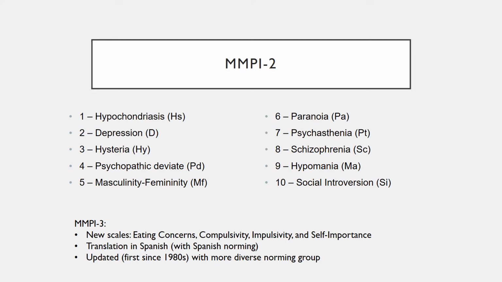Looking at the validity scales, it's interesting that there's the F scale, which looks at whether you're essentially faking an illness. If you're infrequently reporting symptoms across different questions, it uses T-score information to determine the validity of your answers in terms of how consistently you're answering questions.